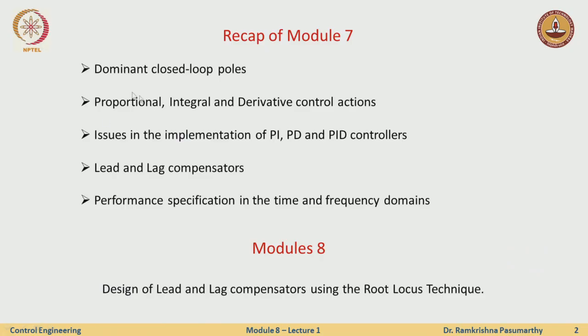So what we studied earlier was the entire analysis based on dominant closed loop poles. Say for example, if I have 10 poles in my system, all the analysis could be based on the poles closest to the origin, because that is what really decides the behavior of the system in the long term, because the response of the other poles which are to the left actually dies down pretty fast.